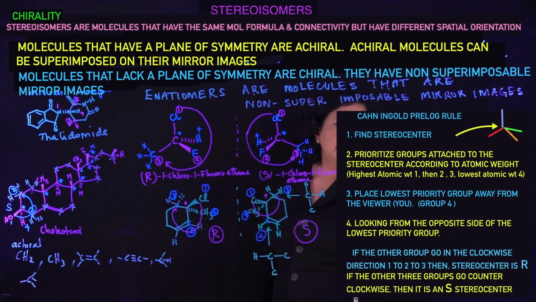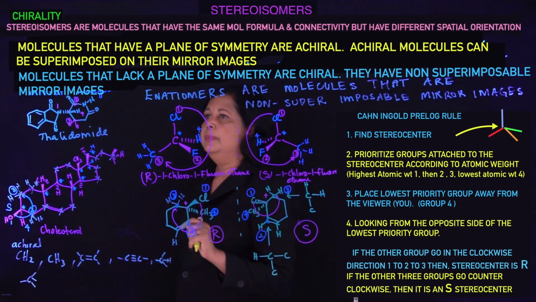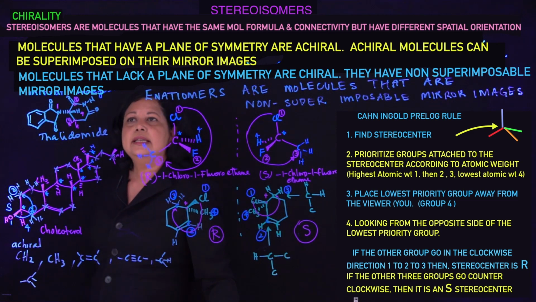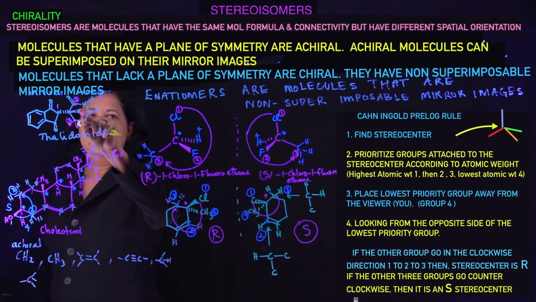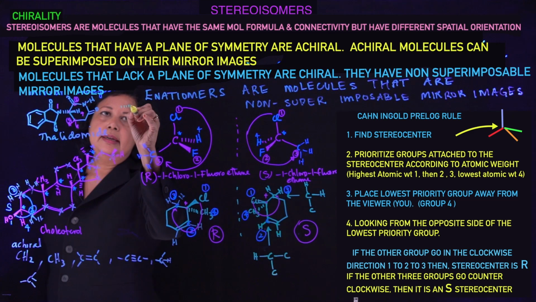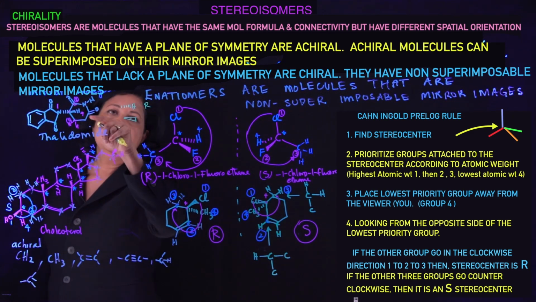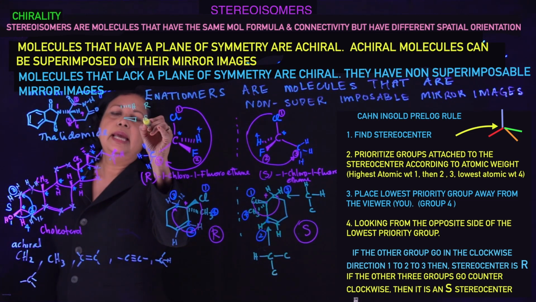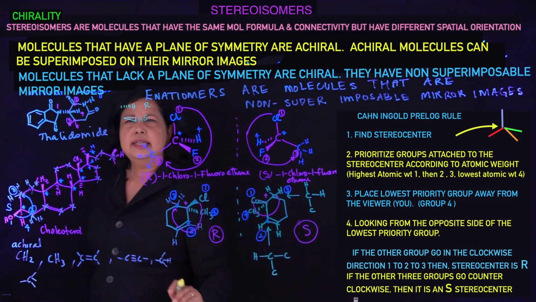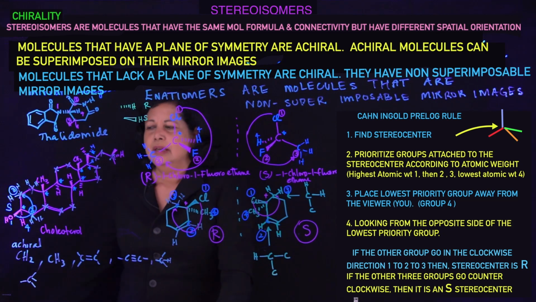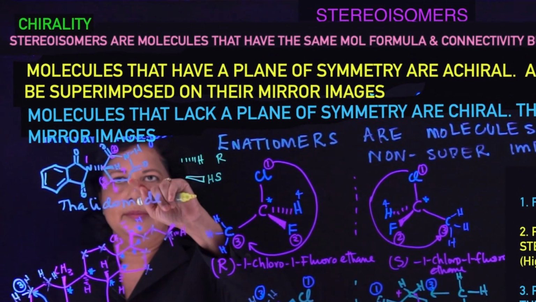Because you look from the opposite of the lowest priority group. So that means if hydrogen is away from me and it is R, then if the hydrogen is towards me, that same orientation would be S. So that's something to remember because otherwise it takes a long time to redraw it.